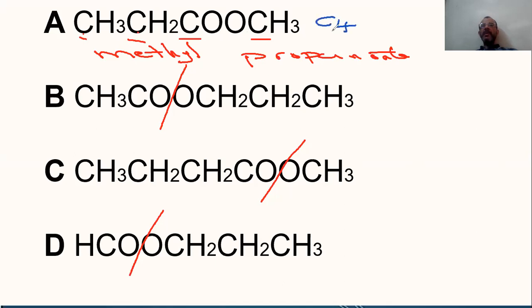Four carbon atoms. And then, how many oxygen atoms? 2, O2. How many hydrogen atoms? 3 and 2 means 5, 5 and 3 equals 8. It will be C4H8O2. That's the first compound.